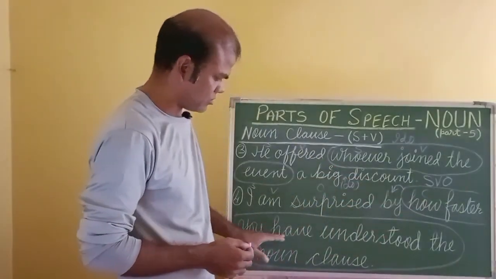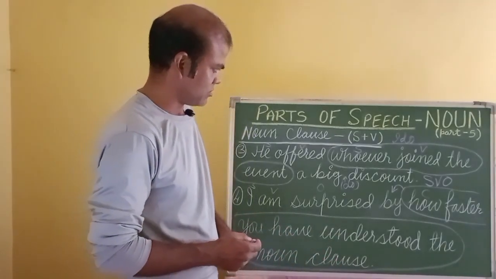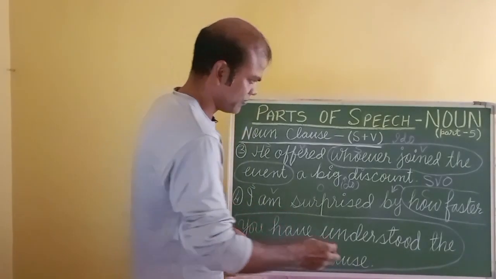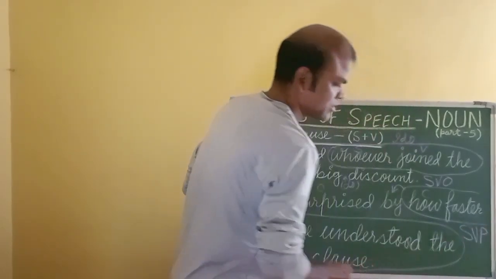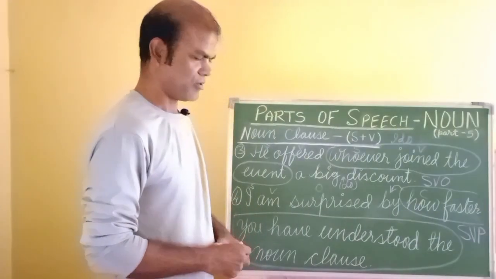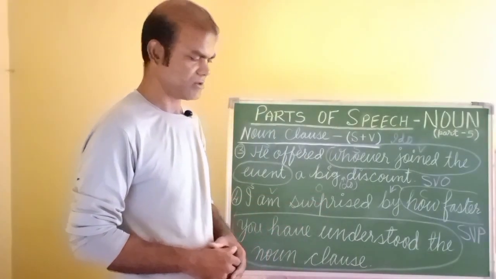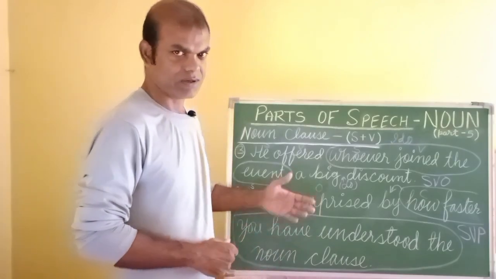How faster you have understood the noun clause. Okay, so this is the pattern of SVP, subject, verb, preposition. Okay, so I hope you understood about the noun clause. So far so good. Now we'll go with the next use of the noun clause.